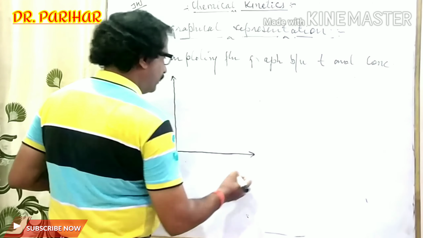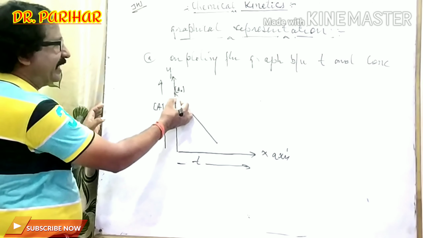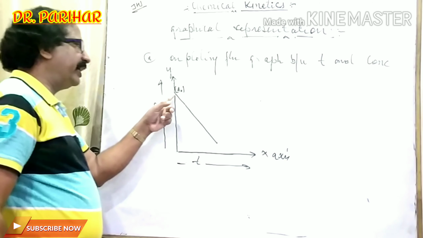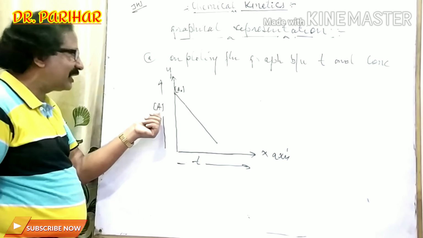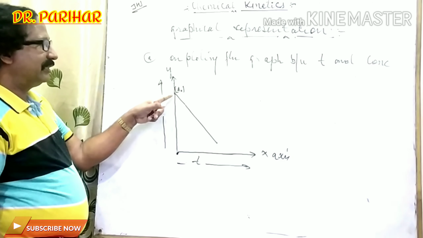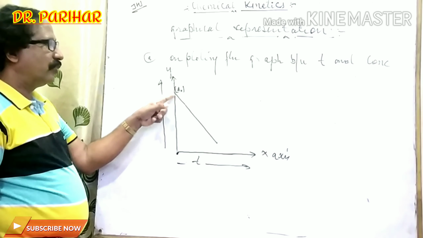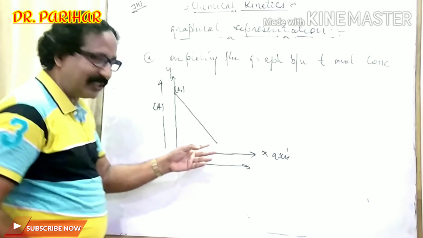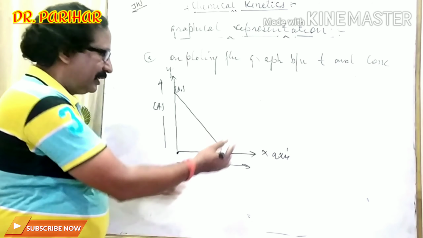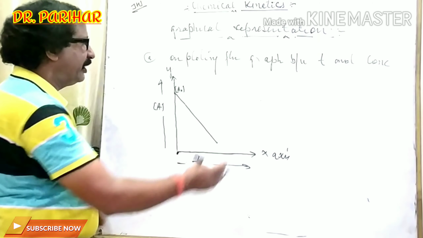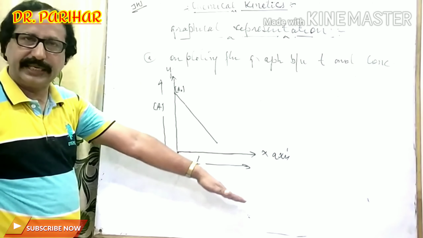On plotting the graph, you will notice this point indicates the initial concentration of reactant. Why? Here T is 0, and when T is 0 the concentration of A is maximum, that is the initial concentration. And you can see from the graph that as time increases, concentration decreases, right?